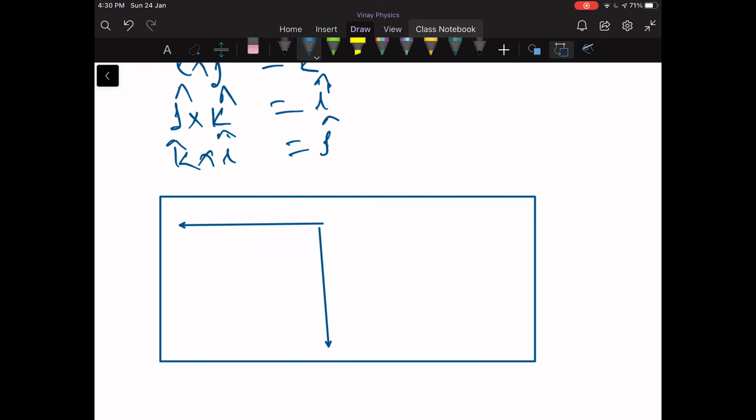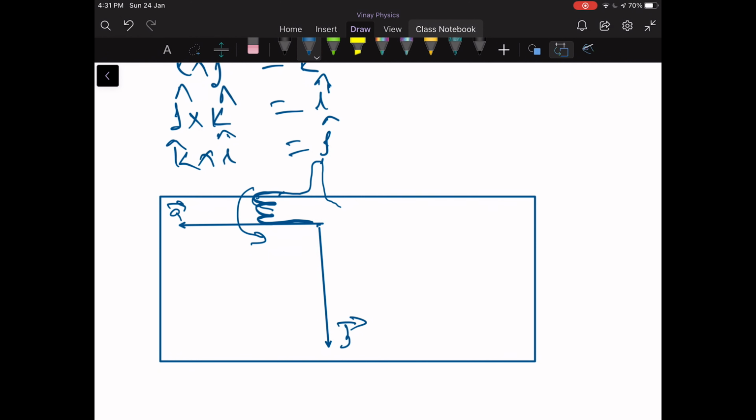Now what we need to do is put our hand like this, with our thumb pointing up, and the fingers wrapping in this direction.